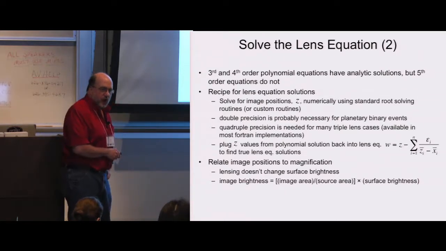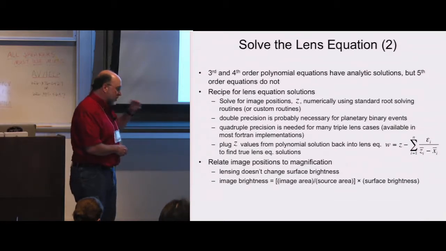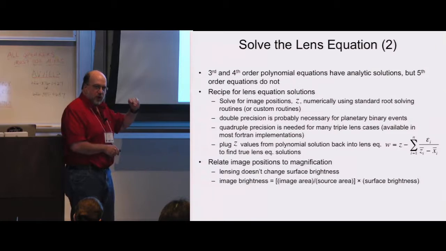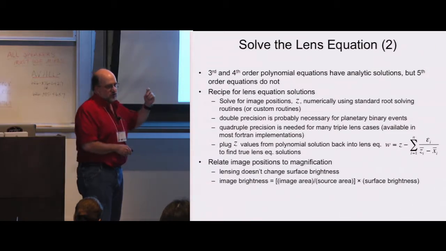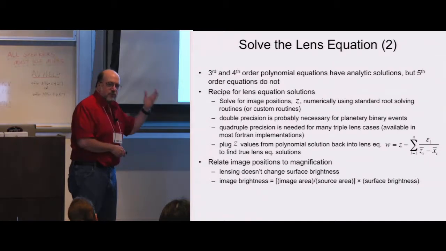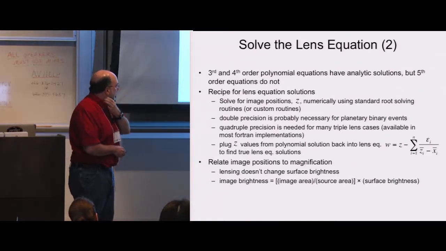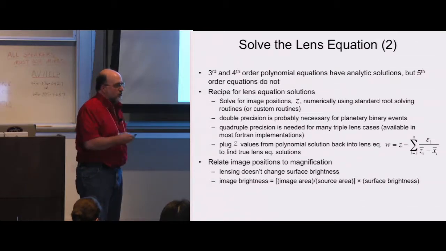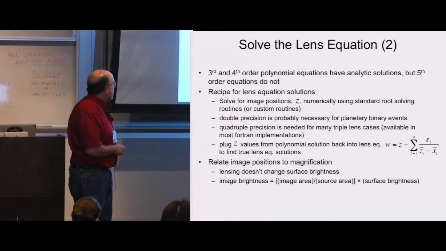And so for any point image you have, you can just assume that it has the same surface brightness as on the source. And so if your source is a star, then the surface brightness is the same up to limb darkening. So you just need a limb darkening profile to tell you what the brightness would be on any area element of a lensing event.